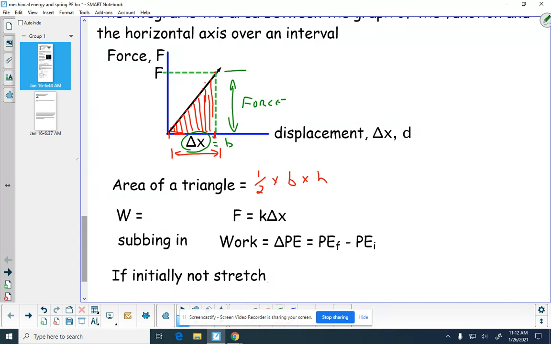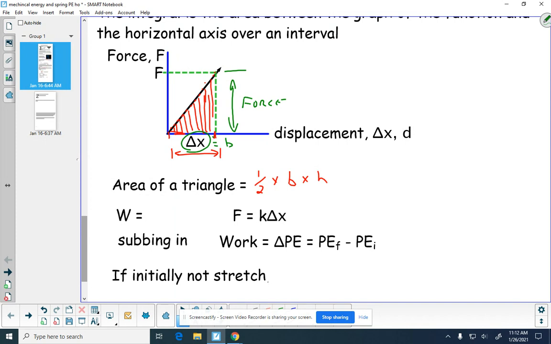Here is where I start out initially. If I start out at 0 there, then I stretch it out. I have moved the spring and I have stretched it out a certain distance. Well, that's my delta x, so I've moved my spring. My delta x is what my movement is there. The force I exert gets me to this point.